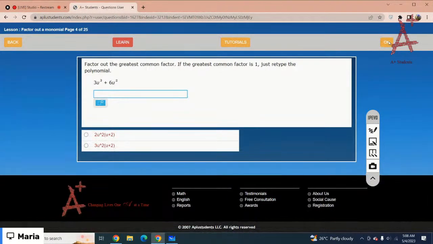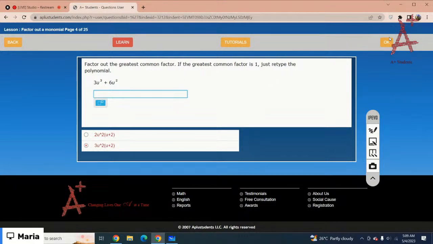Okay, 3u cube plus 6u square. Which is the correct option? You can take common 3u square. Yes, that would be 3u square times u plus 2.